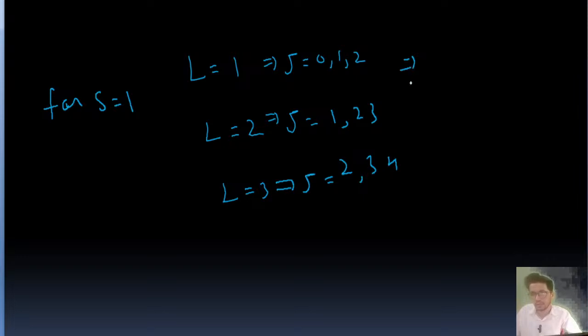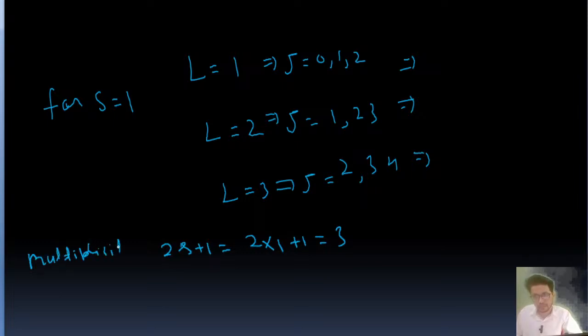Then the spectroscopic terms. Because S equal to 1, multiplicity is 2S plus 1, that is 2 into 1 plus 1, that is 3. So the spectroscopic terms are: L equal to 1 means 3P 0, 1, 2.